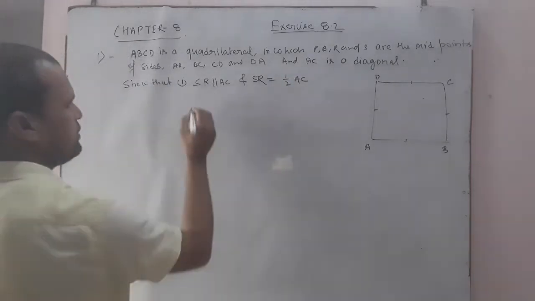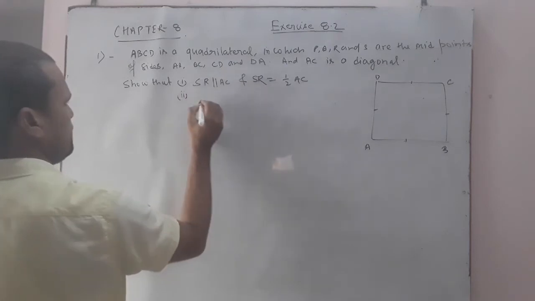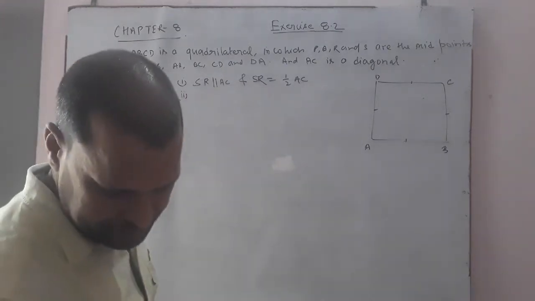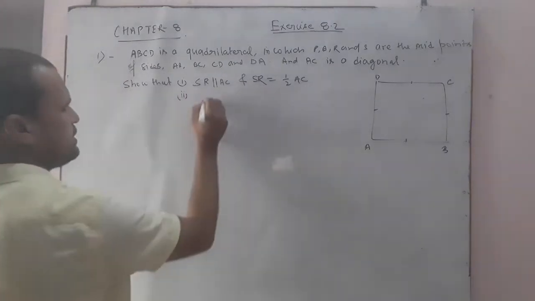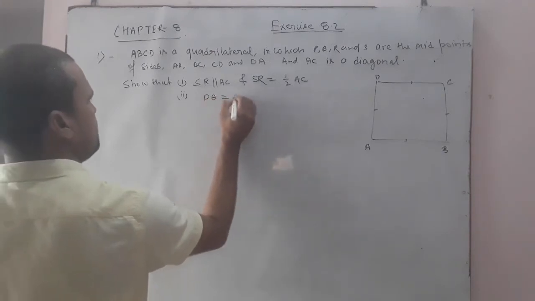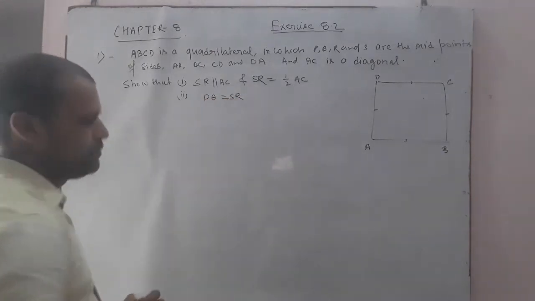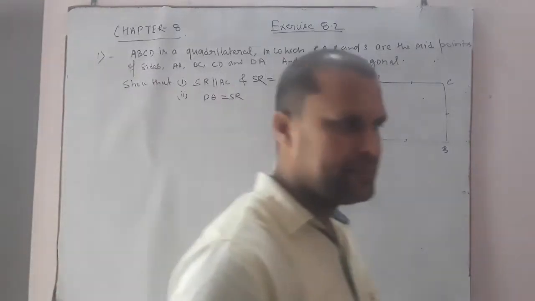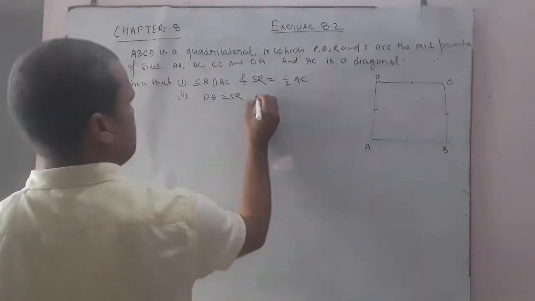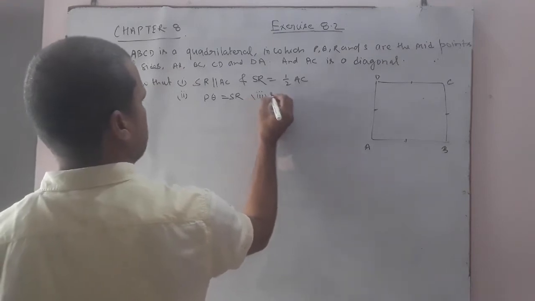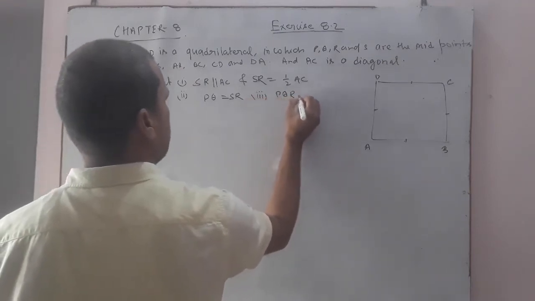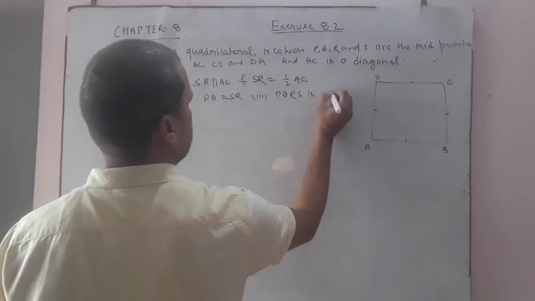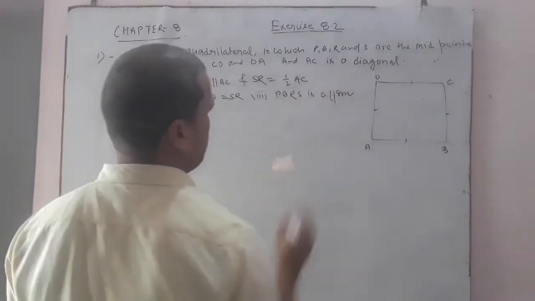Second one is PQ equal to SR. And third is that PQRS is a parallelogram.